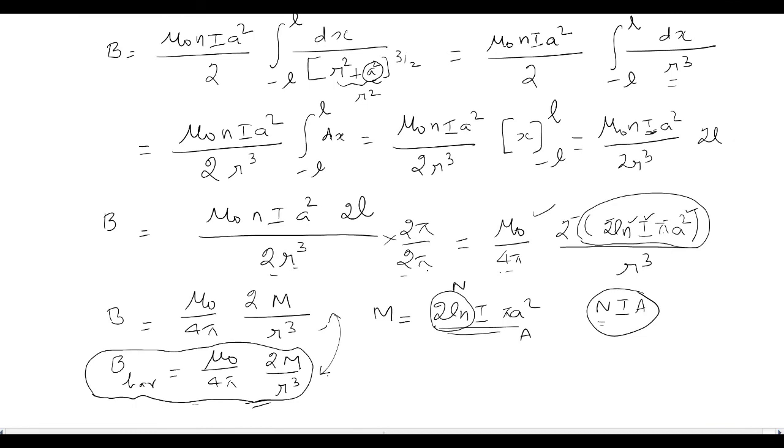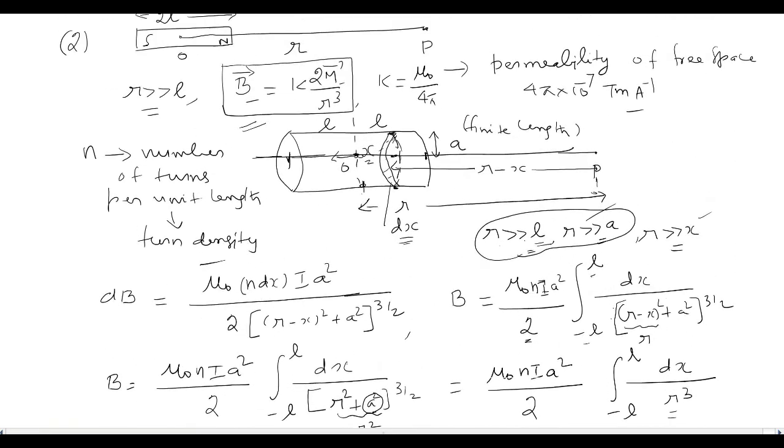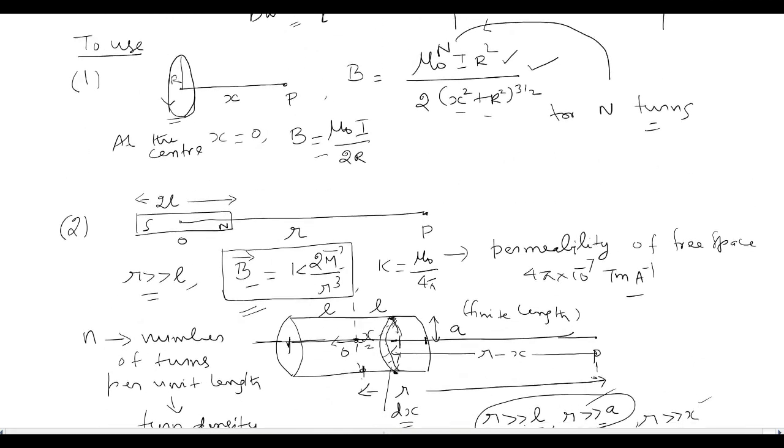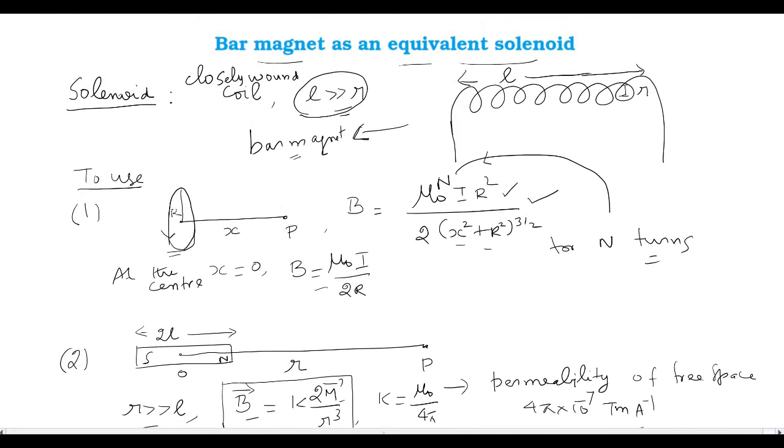Do you find any difference? No, you are not finding any difference. Therefore, the conclusion is solenoid behaves as a bar magnet, or we can say bar magnet is behaving as a solenoid. Therefore, we finish our topic by concluding that bar magnet is an equivalent solenoid. Okay, or it is equivalent to a solenoid.